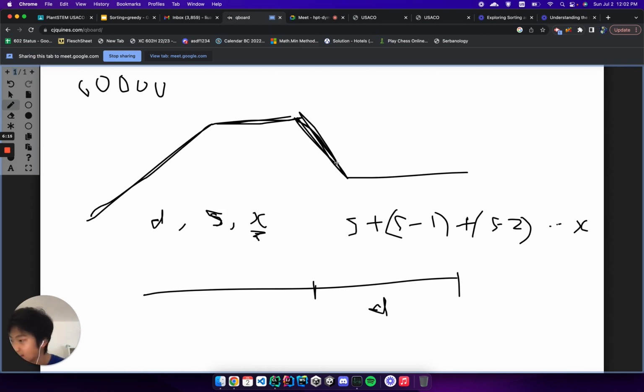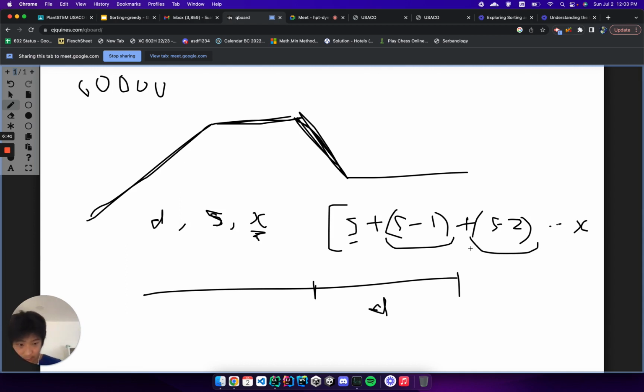Does this make sense? Like where this came from? Because at the first second, her speed is this. During the second, her speed is s minus 1. During the third second, her speed is s minus 2, and so on.